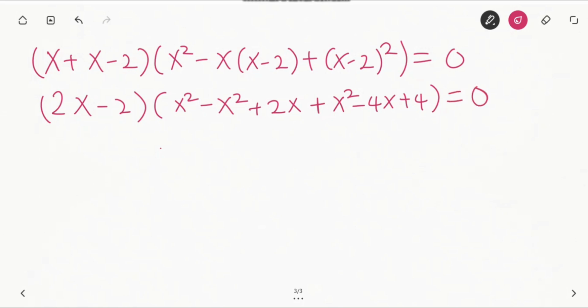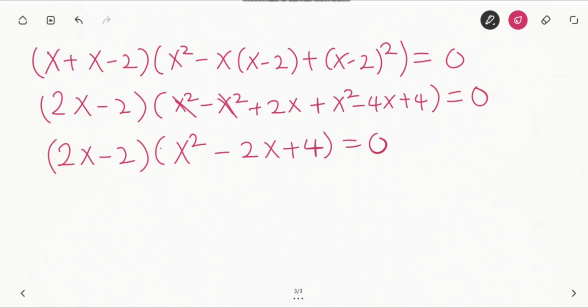So we have 2x minus 2 in parentheses, multiplied by the rest. From here, this x squared will cancel this one, so we only have one x squared left. Then plus 2x minus 4x gives minus 2x, then plus 4 equals 0. When you factor 2 out, we have 2 times (x minus 1) multiplied by x squared minus 2x plus 4 equals 0.